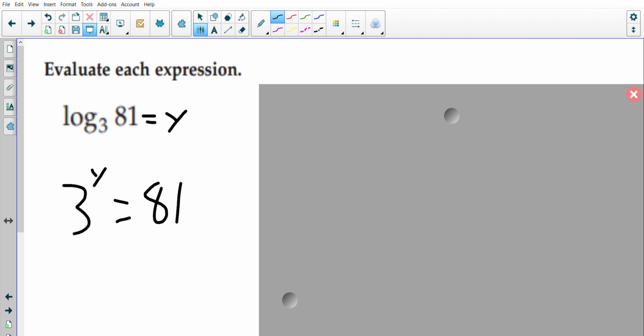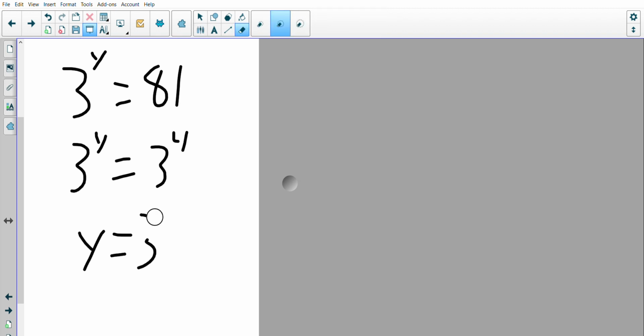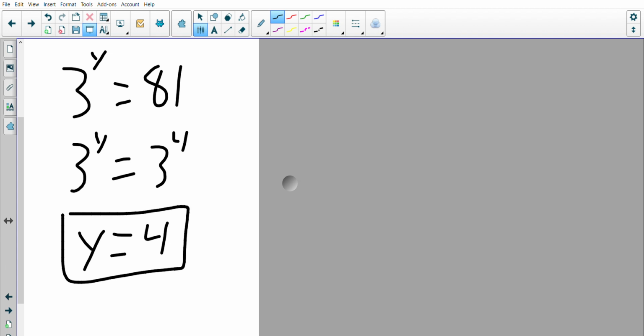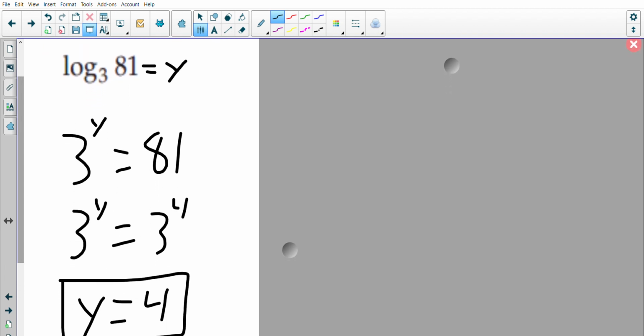And now we can rewrite 81 as 3 to the 4th power. And now using our property of exponents, we can say y equals 4 because the bases are both 3. Okay, so I'm not changing any rules, I'm just applying an old rule.